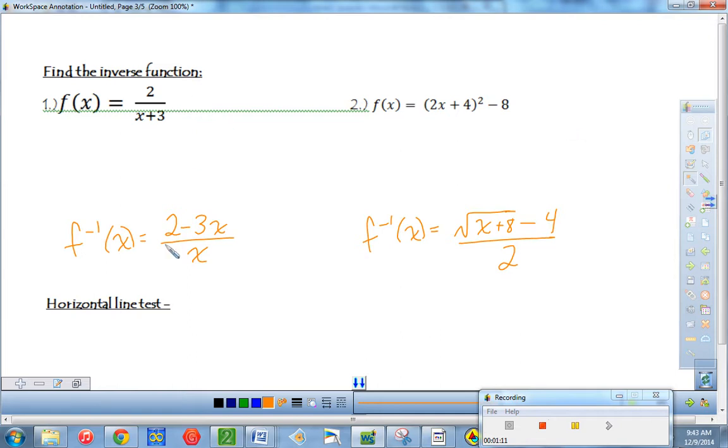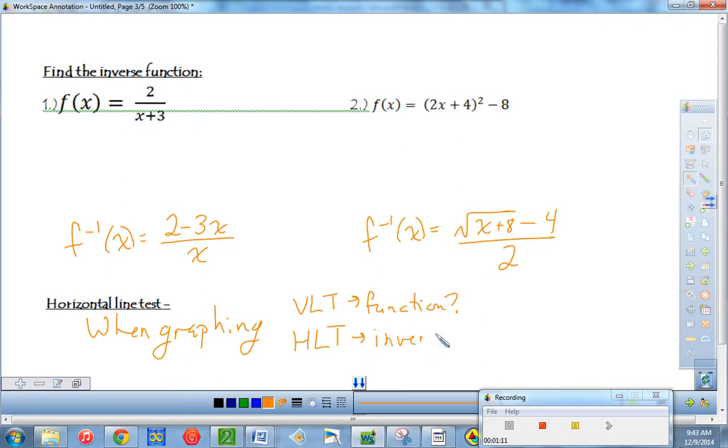Okay? So, horizontal line test is for when you are graphing. And the key here is we did the vertical line test to test if something was a function. So the horizontal line test will tell us if the inverse is a function. Okay? That is the key.